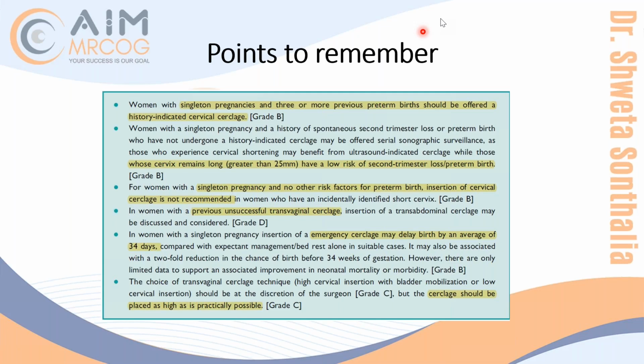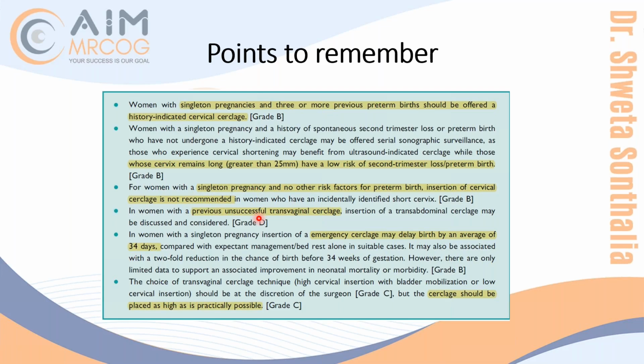You can message me, Shirodkar McDonald. Okay. So McDonald basically is putting the cerclage as high as possible, meaning whatever cervix is visible, you want to put it as high as possible. But in Shirodkar, you dissect the bladder and take the bladder up and you put it exactly at the isthmus, at the level of the internal os. So Shirodkar is more promising.